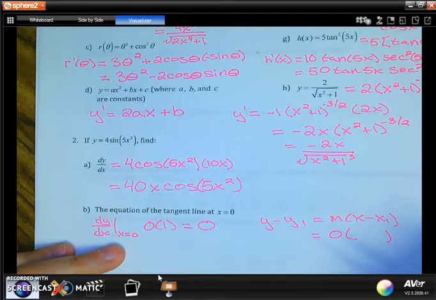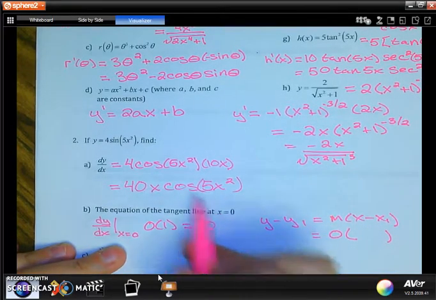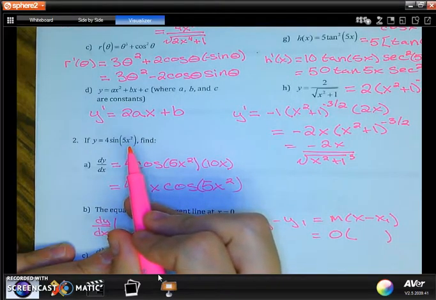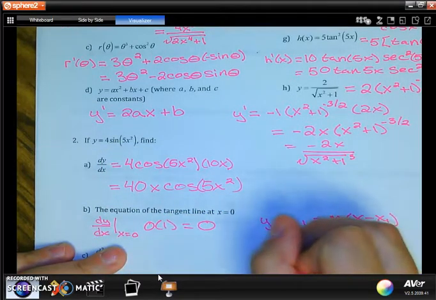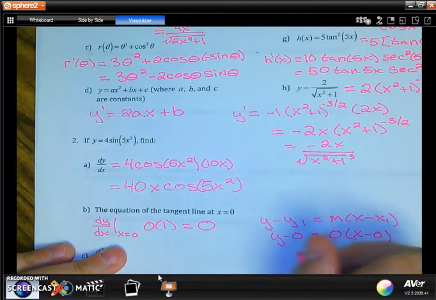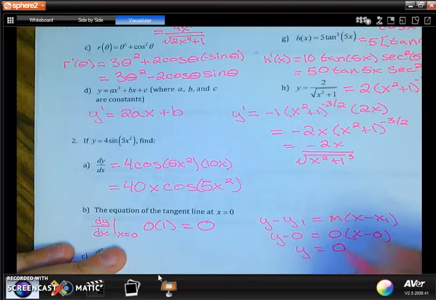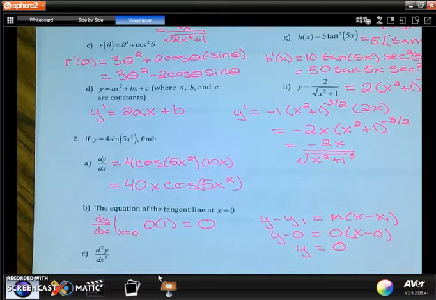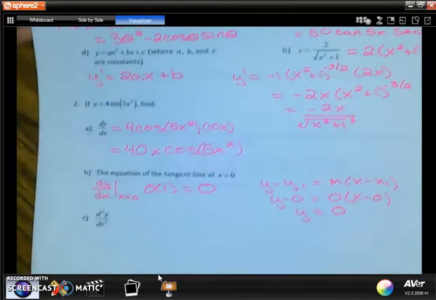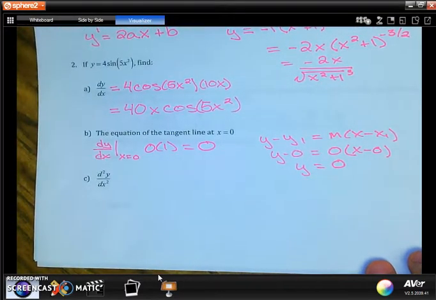And if I plug in 0 into the original, okay, sine of 0 is 0, so it's going to be more zeros. So it's going to be this minus 0, this minus 0 there. So basically you just get y equals 0. And you're done there. Don't let the zeros fool you. It's perfectly fine to have 0 as an answer. And let me just scooch this up a little more so you can see.